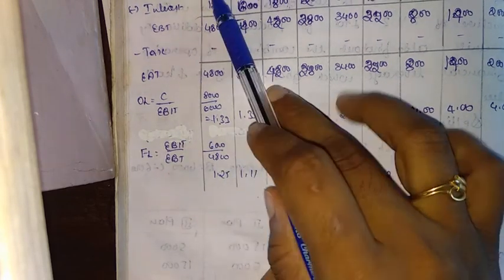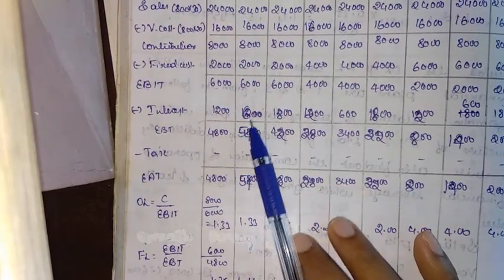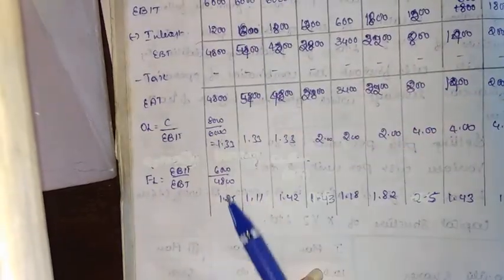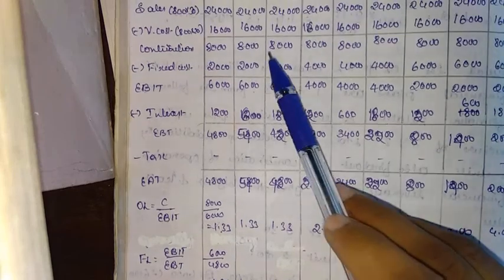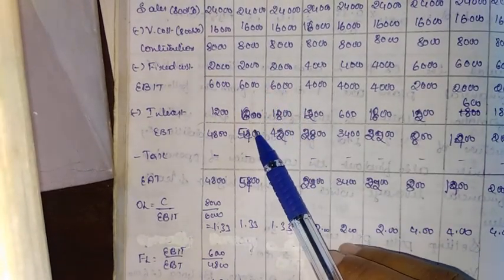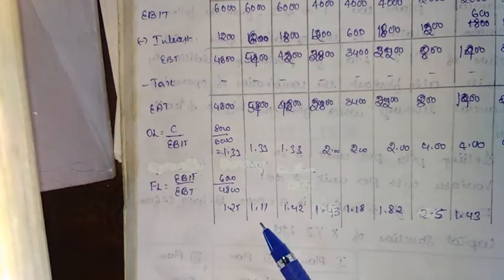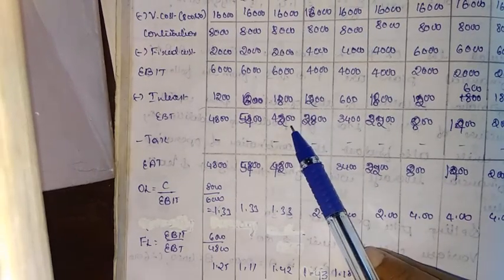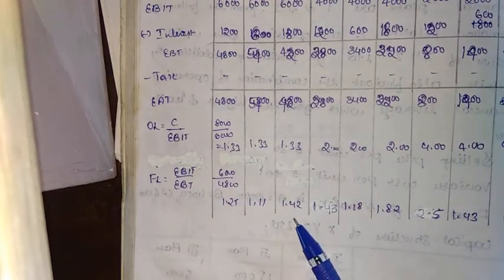Then the financial leverage calculation formula is EBIT divided by EBT. EBIT 6,000 divided by EBT 4,800 is 1.25. Then 6,000 divided by 5,400 is 1.11. 6,000 divided by 4,200, 1.42.